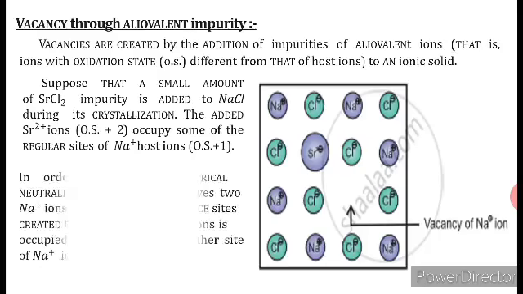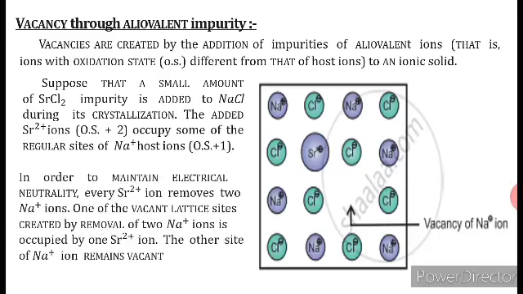In this way one strontium ion removes two sodium ions from the lattice points. So it is a combination of substitutional as well as vacancy defect. It is a different type of substitutional impurity defect, which is generally observed in ionic crystalline solids.